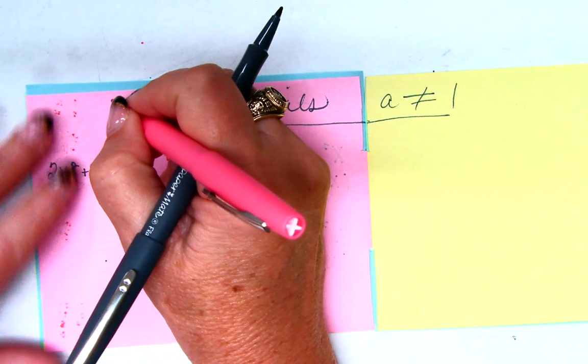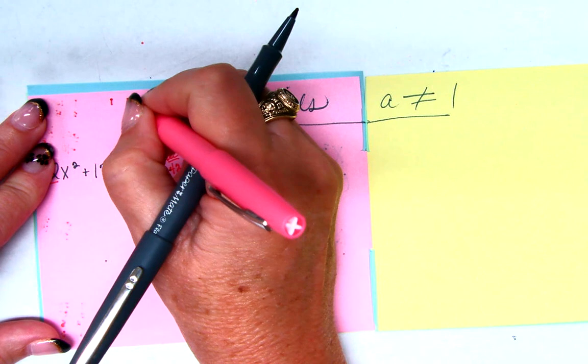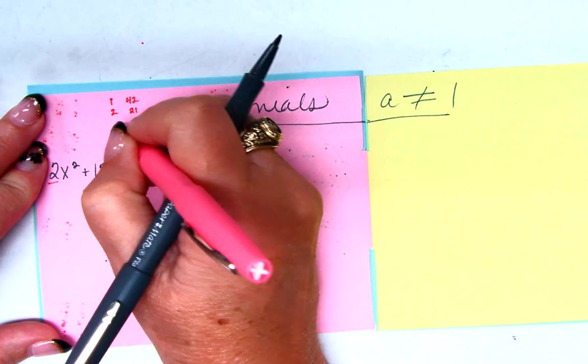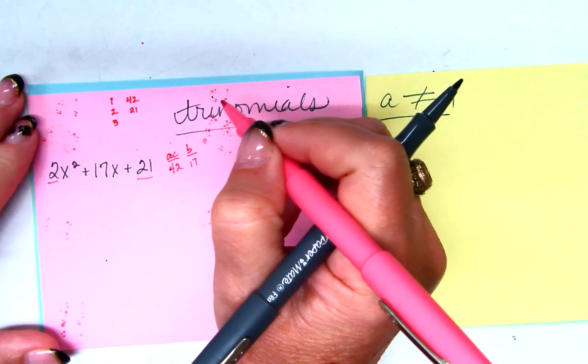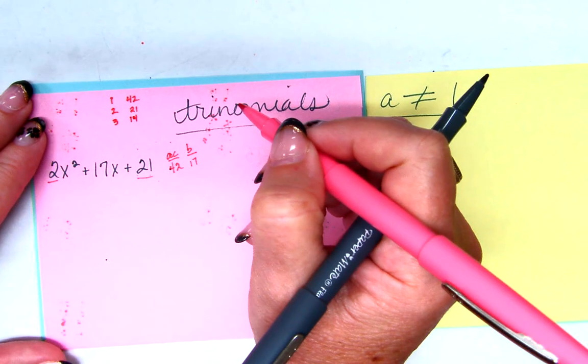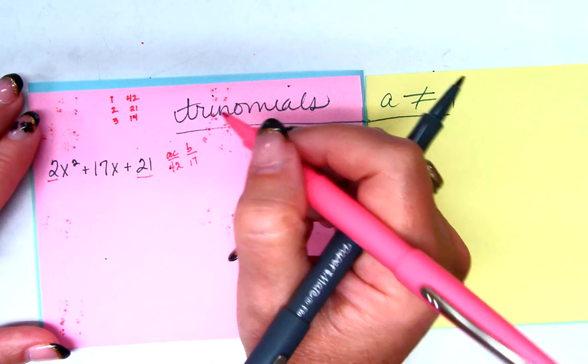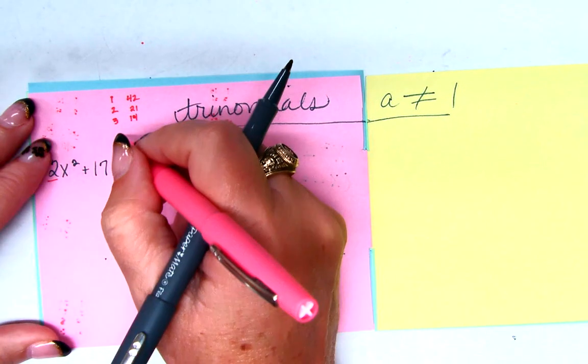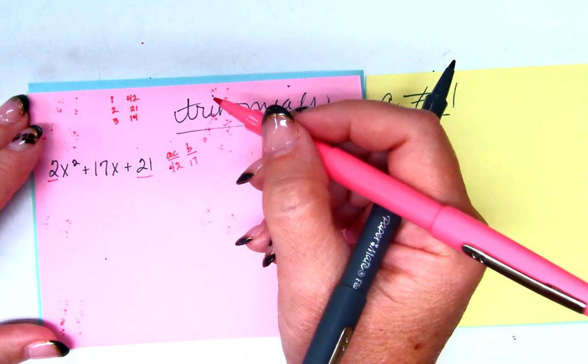So the factors of 42 would be 1 and 42, 2 and 21, 3 and 14. Oh, that one? I don't even need to write down the rest of the factors? I can if I want, right? Because the only one left is 6 and 7, right?